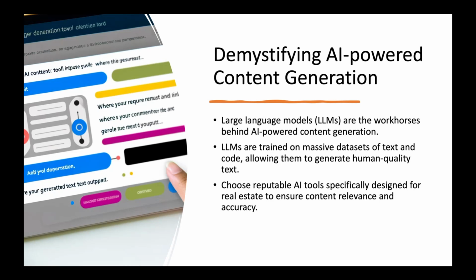Hence why you're able to just type something into ChatGPT or a chatbot in normal English, and it goes off in the background and is able to produce text as though it's a human being responding to your question. LLMs have been trained on a huge amount of data, huge amounts of text and images.